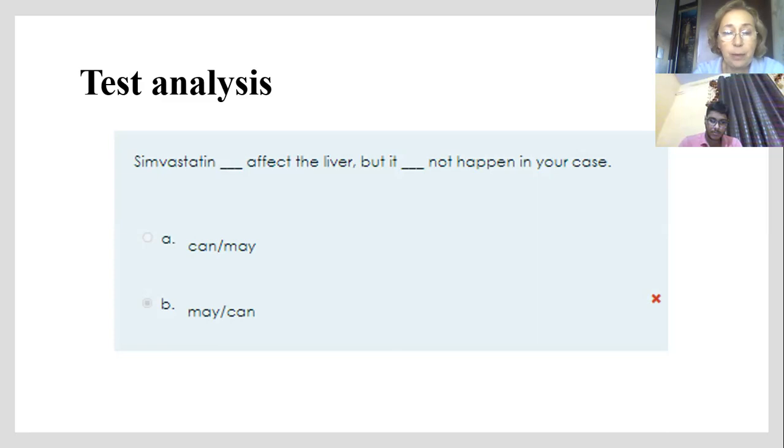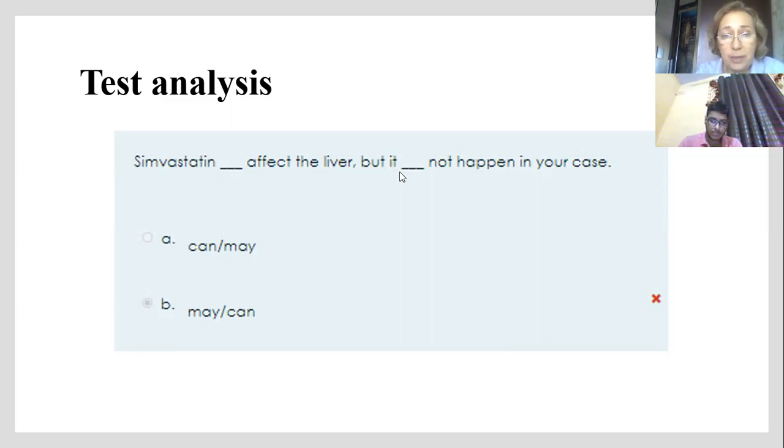And here, the doctor who says this sentence just wants to emphasize that the side effect of the medication is not 100% possible. That is why it's better to use can here.